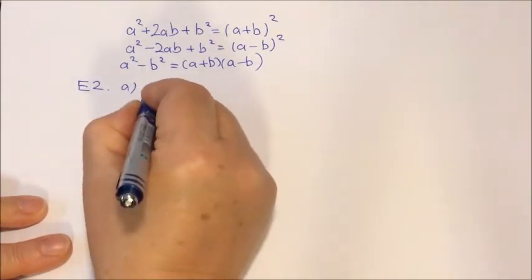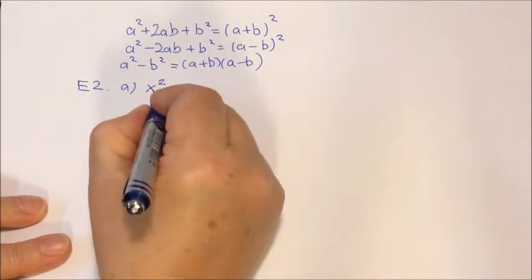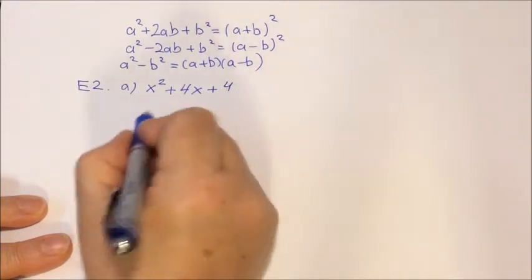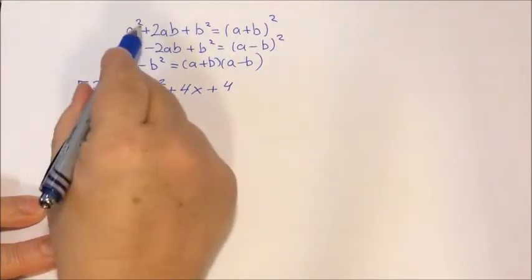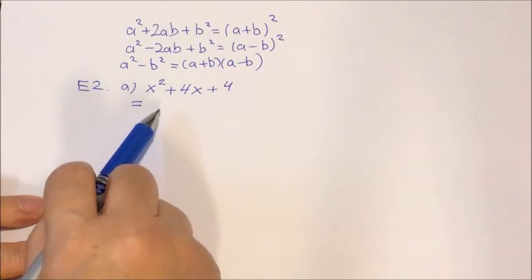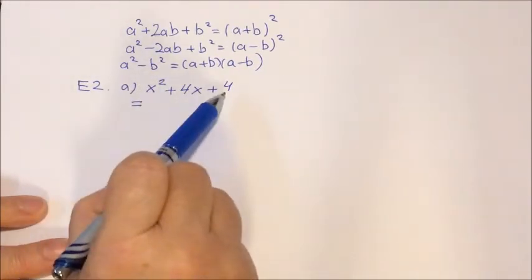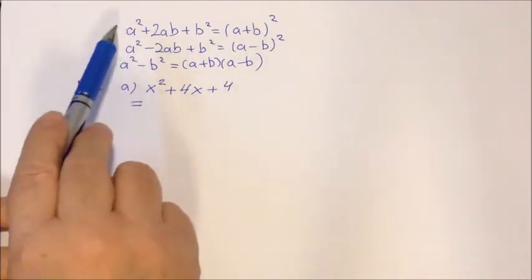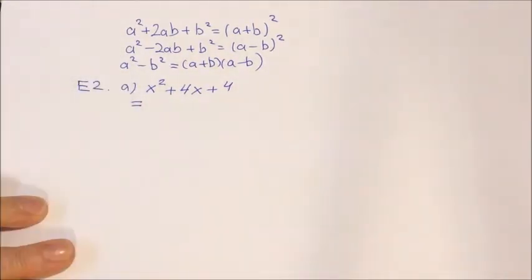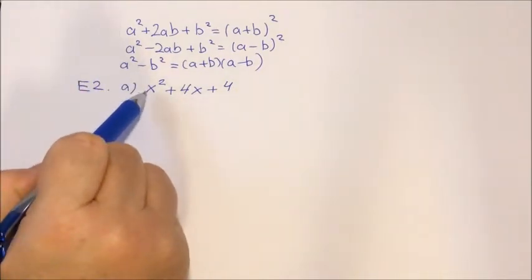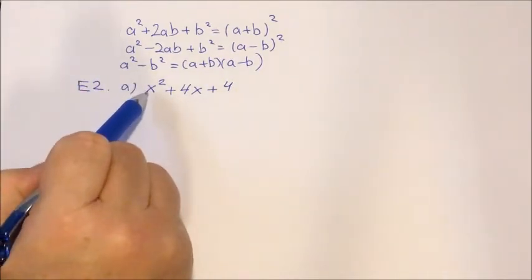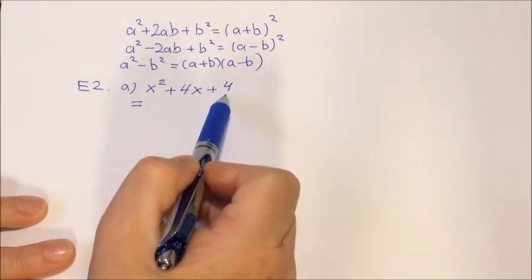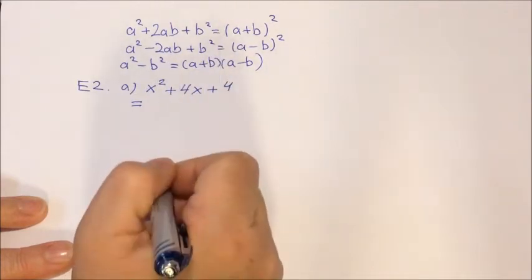Our first example was x squared plus 4x plus 4. Which of these forms might this polynomial be? It has 3 terms, so it's either the first or the second, and it has no minus sign, so it might be the first. Instead of a, we have x, and what might b be here? 4 is something squared: 4 is 2 squared.